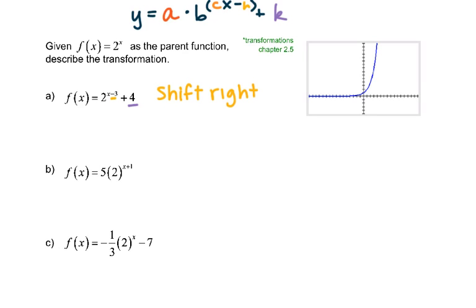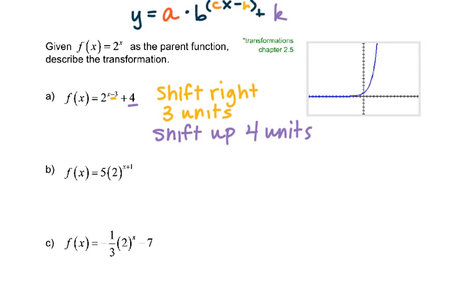We're going to shift right 3 units, and the plus 4 would cause us to shift up 4 units. So this graph that we have here would be shifted if we move it up 4 units. It would be up higher, and that horizontal asymptote would now be at y equals 4.